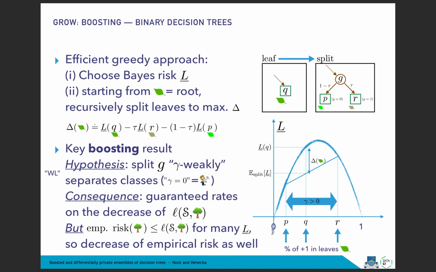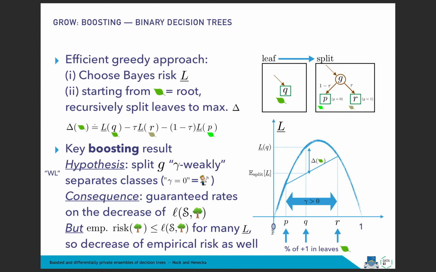And there's this key boosting result, which is very interesting for decision trees, which says that, assuming the split we choose, gamma, weakly separates the classes. It's called the weak learning assumption. It just means that in the two leaves that we get after the split, the classes are more separated than they are in the leaf that we have split.